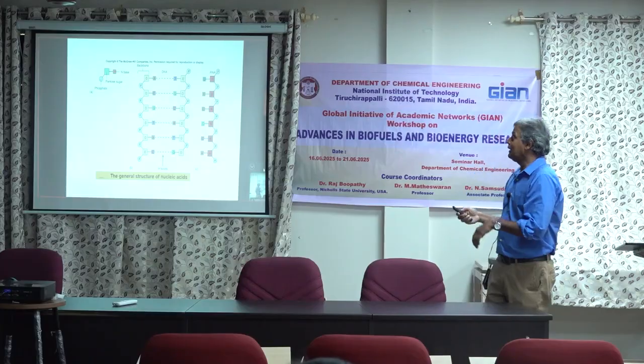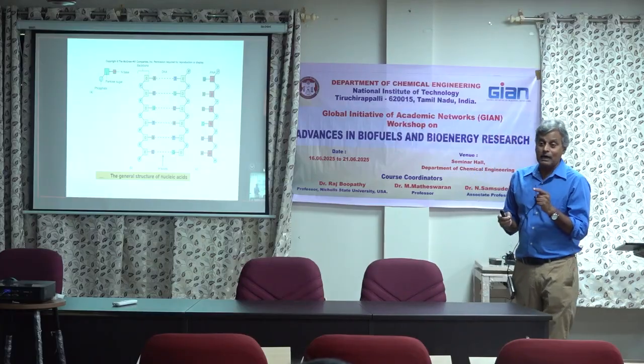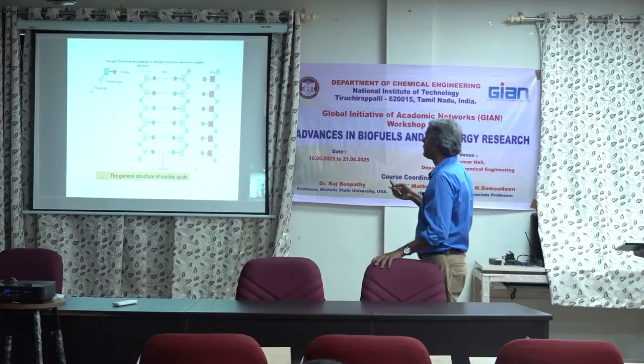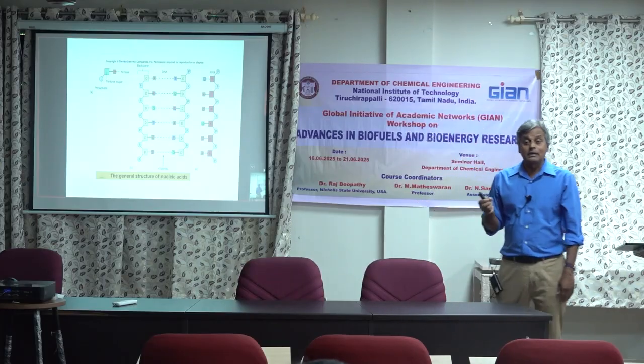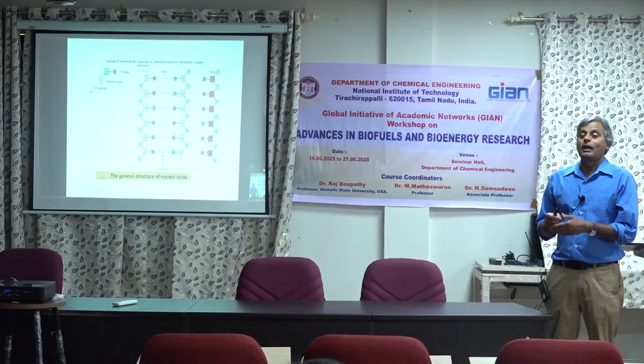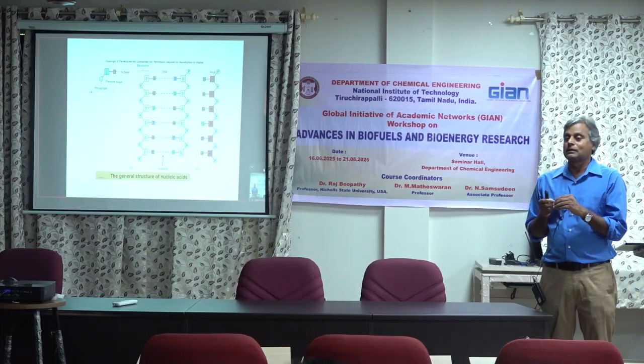RNA is single stranded. The difference in RNA is that it does not have the nucleotide thymine. Instead, it has uracil, the letter U, and all the other nucleotides are the same.